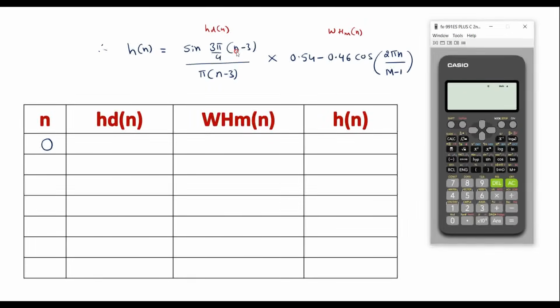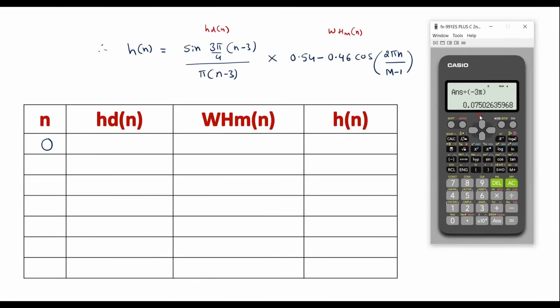If we substitute n equal to 0 it will be minus 3, so 3 into 3 is 9, that is sine minus 9 pi by 4 divided by minus 3 pi.